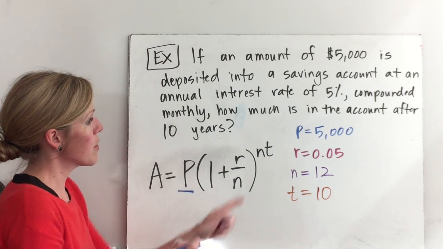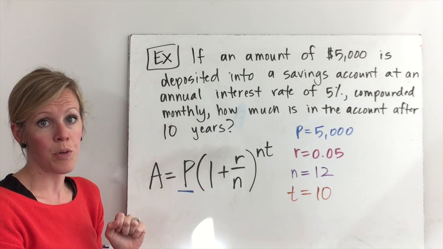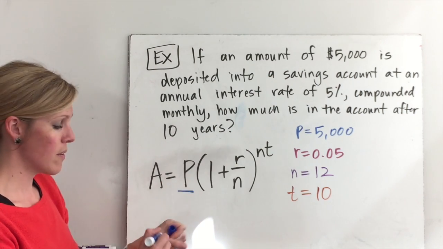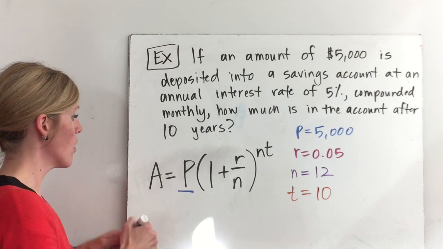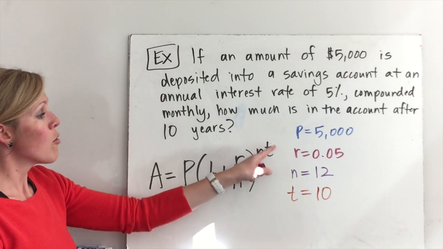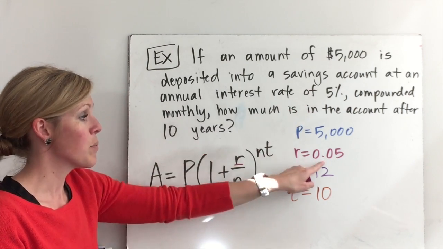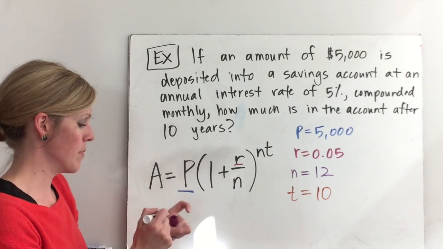P, our principal amount, is the starting amount. We're starting with $5,000 and putting that into our bank account, so that's our P value. R is our interest rate. Remember, we want that interest rate expressed as a decimal, so 5% becomes 0.05.